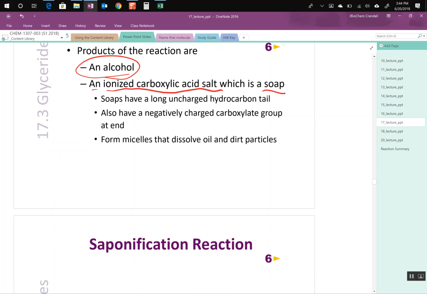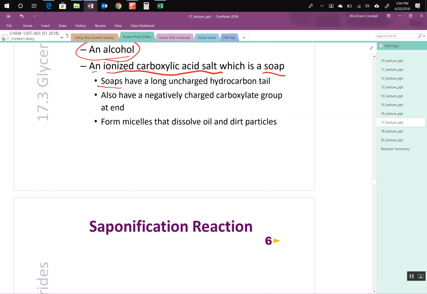Okay? So these soap molecules can have these long, uncharged hydrocarbon tails, but then they also have these negatively charged carboxylate groups that are able to interact with, excuse me, polar things in water. Most specifically water, because that's what we want.